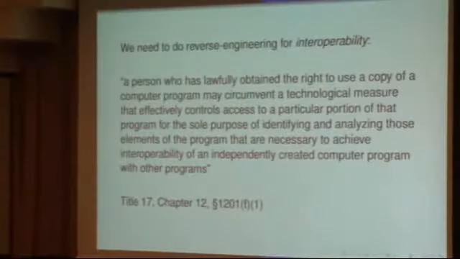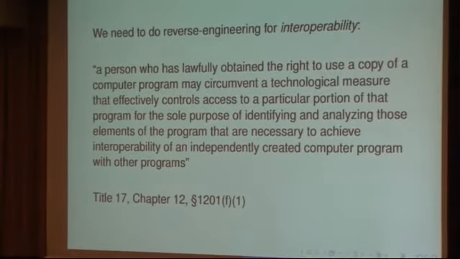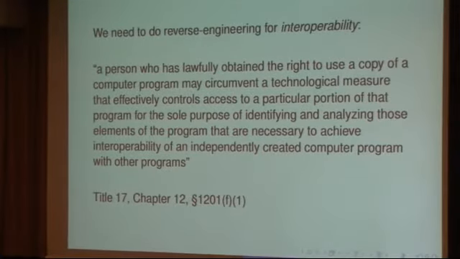One thing is, I'm not sure if people here are familiar, there's this law in the United States called the DMCA, the Digital Millennium Copyright Act. This can make reverse engineering kind of difficult in the US. But there's an exception in the law. If some company has a software product, and you independently create your own software product, then in order to make your independent product interoperable with the other company's product, you're allowed to do reverse engineering for the purpose of interoperability.